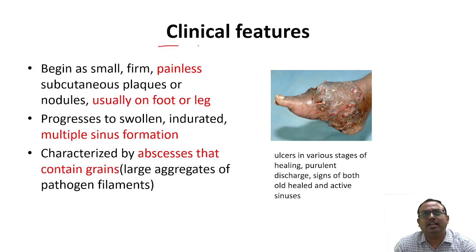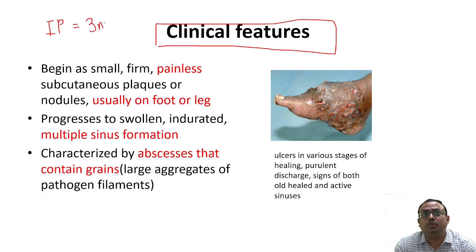What are the clinical features of this condition? So the disease starts with a history of trauma which may not be given by the patient, because the incubation period is as high as 9 months. It varies from 3 months to at least 9 years even.